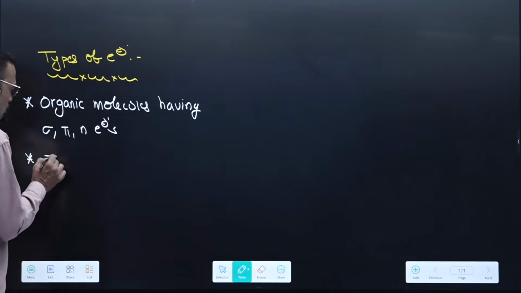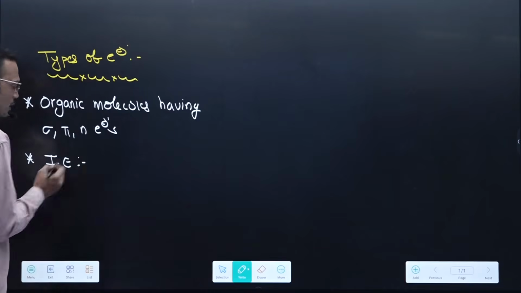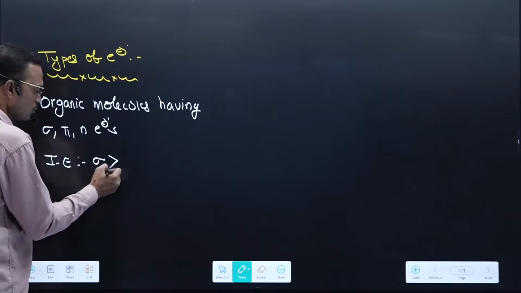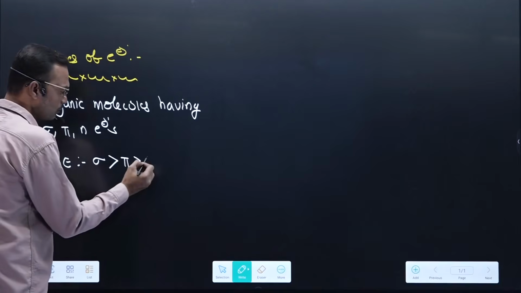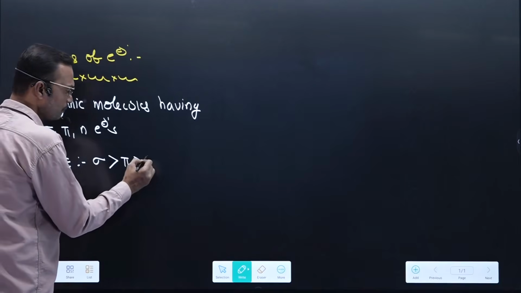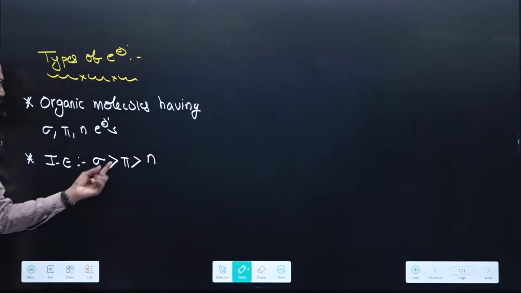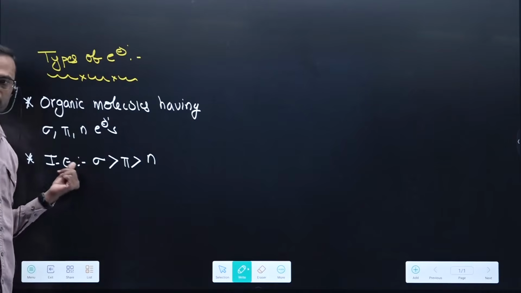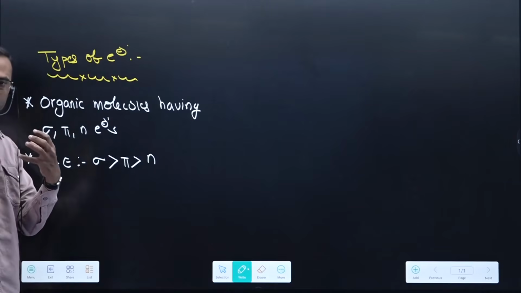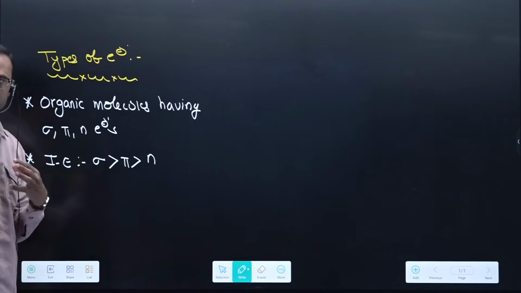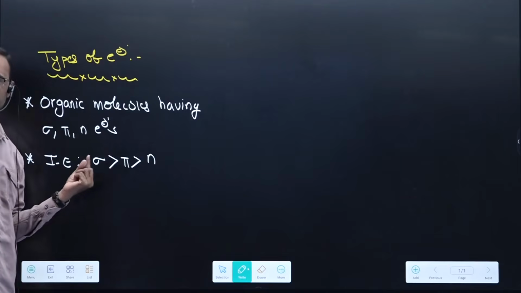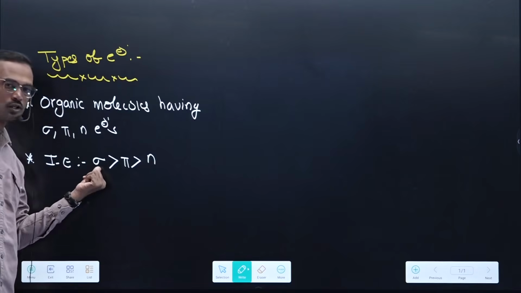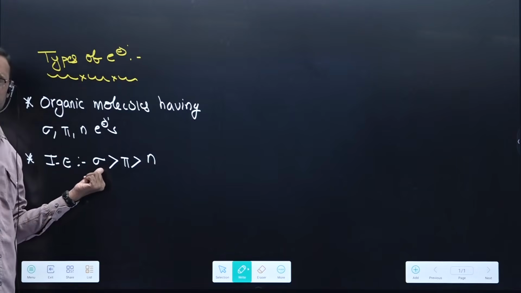So what about the ionization energy order? Sigma electrons require high energy to remove an electron, followed by pi electrons, then non-bonding. It means if I want to remove an electron using some amount of energy, I can remove it easily from non-bonding. So which requires high ionization energy? Sigma electrons.